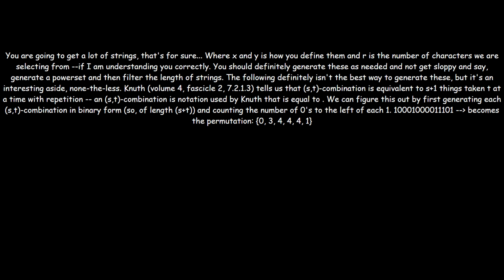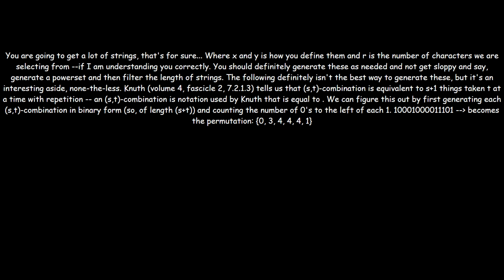Nonetheless, Knuth, Volume 4, Fascicle 2, 7.2.1.3, tells us that the s,t-combination is equivalent to s+1 things taken t at a time with repetition, where the s,t-combination is notation used by Knuth.